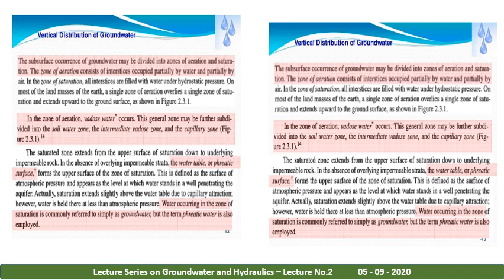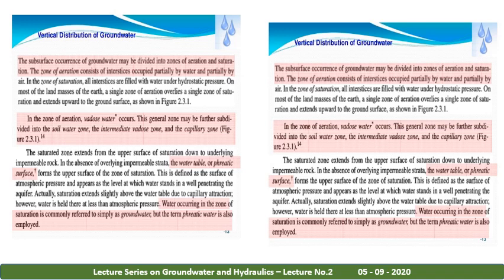Water in this zone is held to soil particles by capillary force. Thus, while this water is able to move within the zone, it cannot move out of the zone into a well or other places that are exposed to atmospheric pressure. In the zone below the water table, all the soil pores are completely filled with water and hence it is called the zone of saturation or phreatic zone.